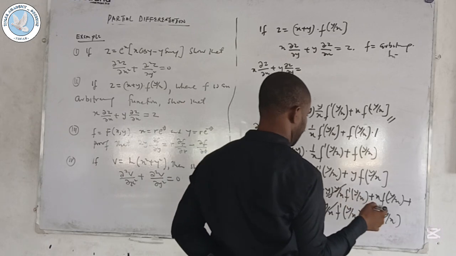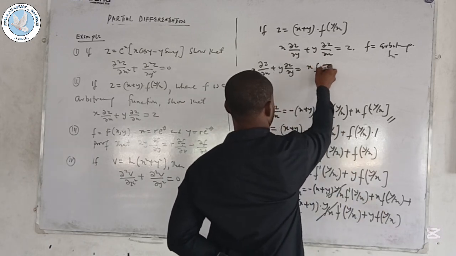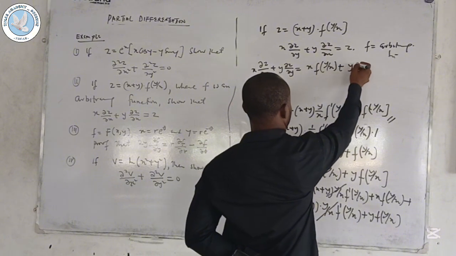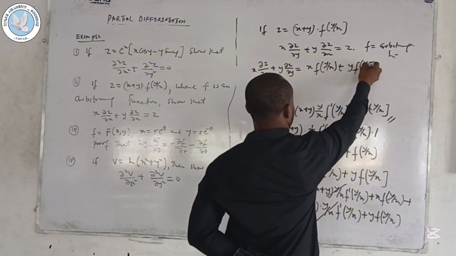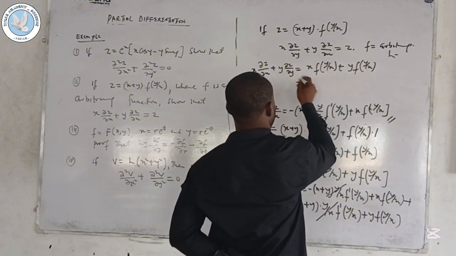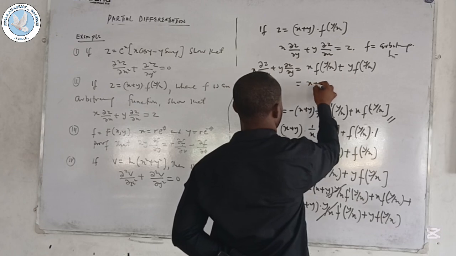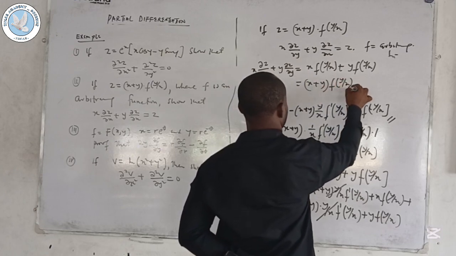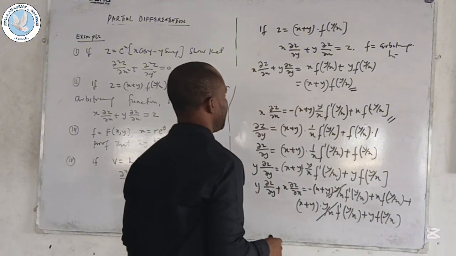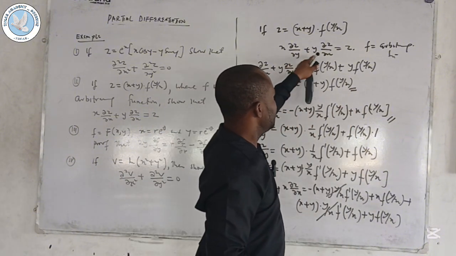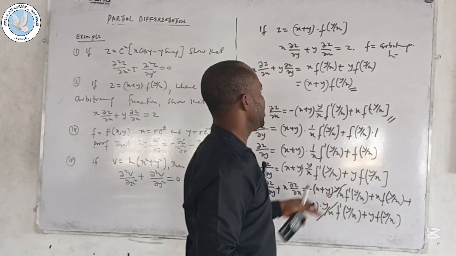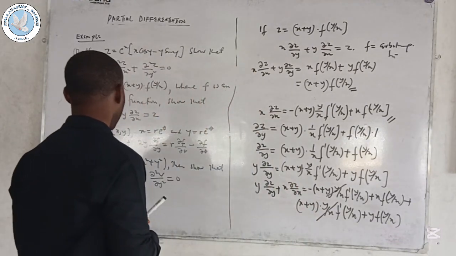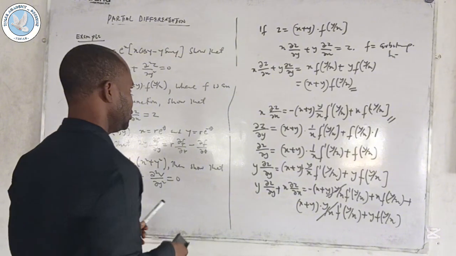This is equals to plus. So when we factorize, we have this. So it means that this is equal to z. Z was given as that. So that is the answer to number 2 question.